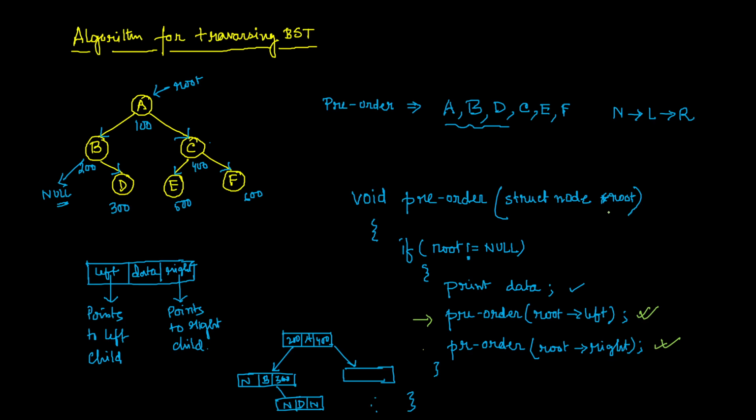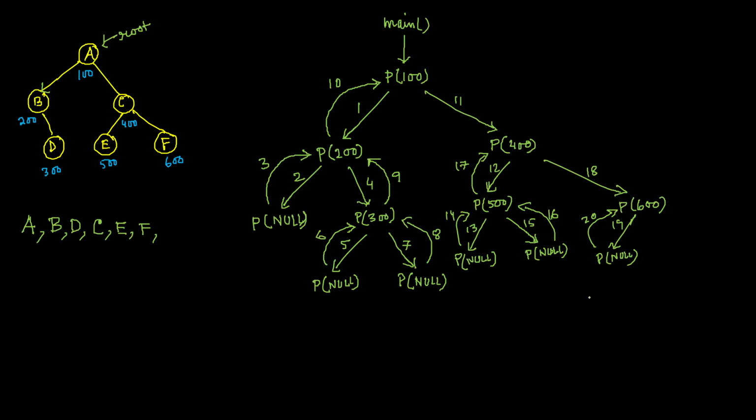It will return to this line, and the right will be called. We can see which will get a null again, because F was a leaf node, so both sides will be null. And since this is null, the condition will be valid at the beginning, so immediately it will return.